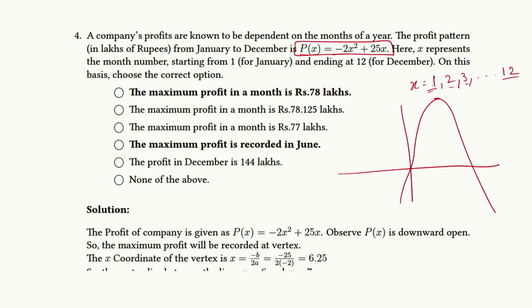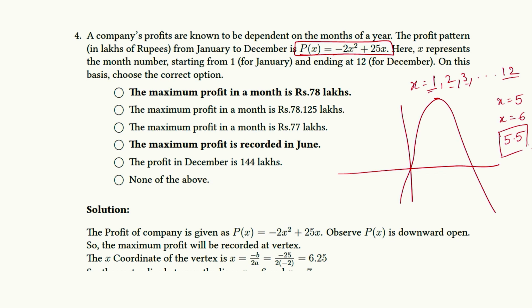If you are talking about May, the value of x should be 5. So we can't talk about a value between x is equal to 5 and x is equal to 6. In between we can't define any month which has 5.5. There is no month between May and June. So on that basis we calculate the maximum profit.